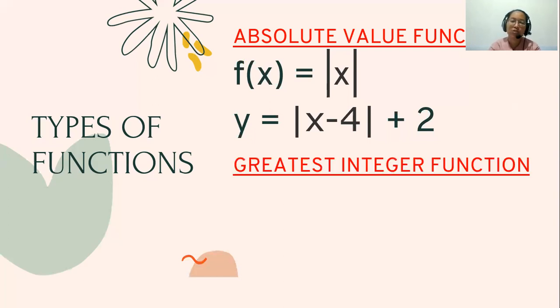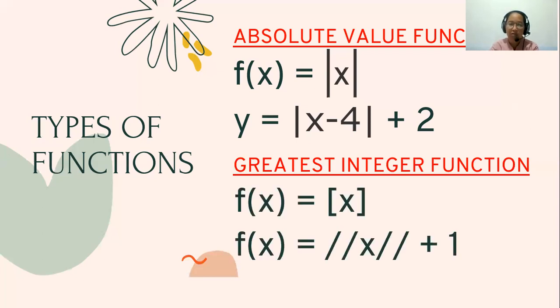The last type of function is known as the greatest integer function. Remember that when we say integer, these are whole numbers: positive whole numbers and negative whole numbers. No decimals, no fractions. Generally, it is in the form f of x equals the greatest integer of x.